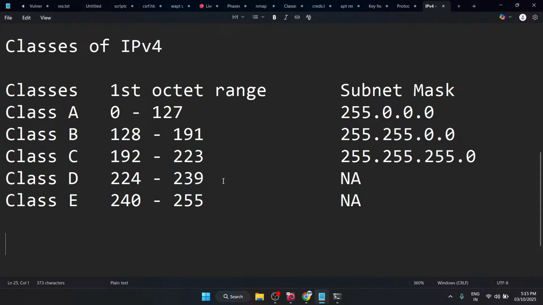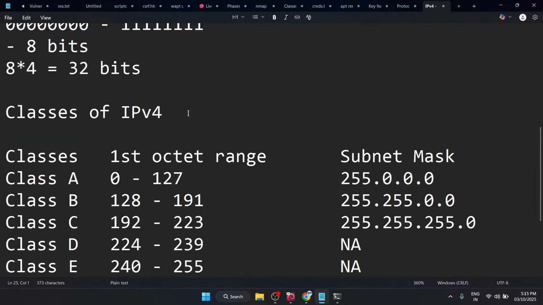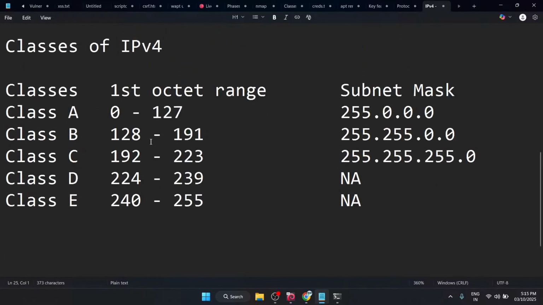Let's talk about class A first of all. If I ask you for an example of a class A IP address, what should be the property? The first octet should have a number between 0 and 127. For example, 10 is between 0 and 127.